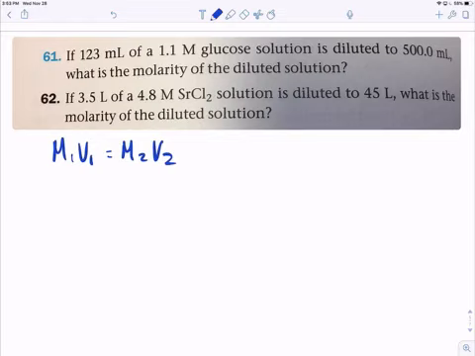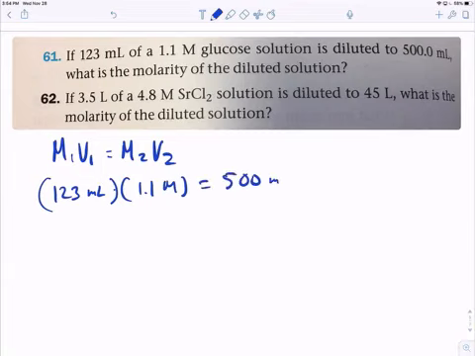The way this one works then, 123 milliliters times 1.1 molar equals 500 milliliters times our unknown variable, say x.